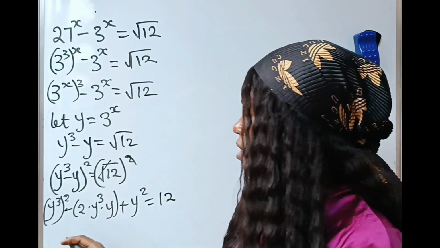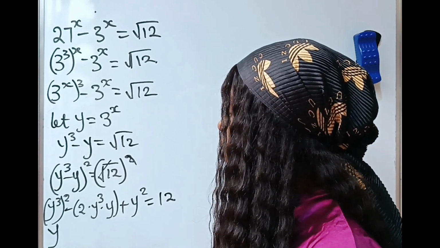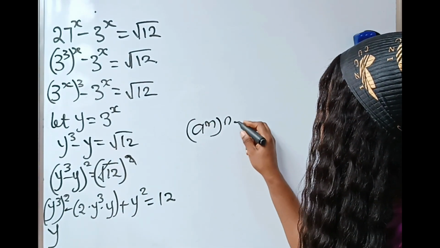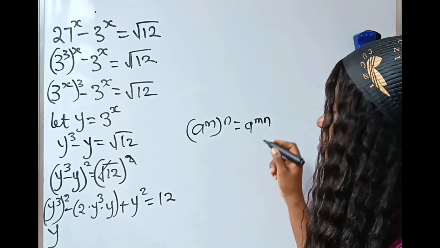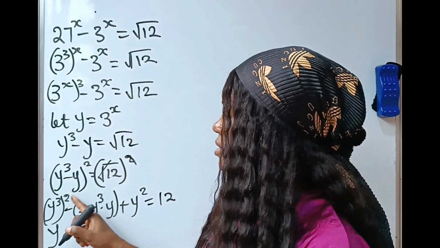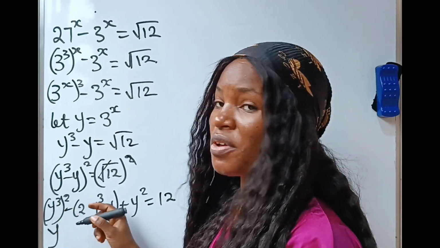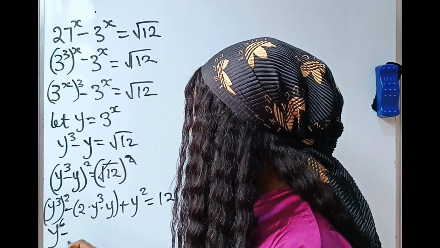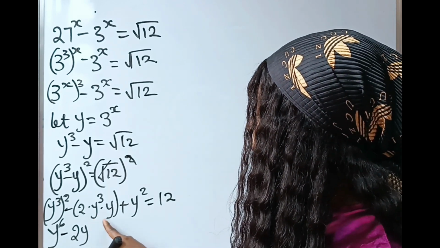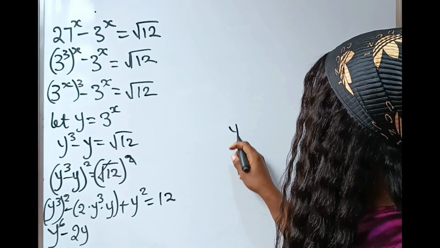12. So we have y to the power of 3 times 2, because a to the power of m raised to the power of n is equal to a to the power of m times n. So y to the power of 3 squared is y to the power of 6, minus 2 multiplied by y. Now we have y and y multiplying each other, the same base.